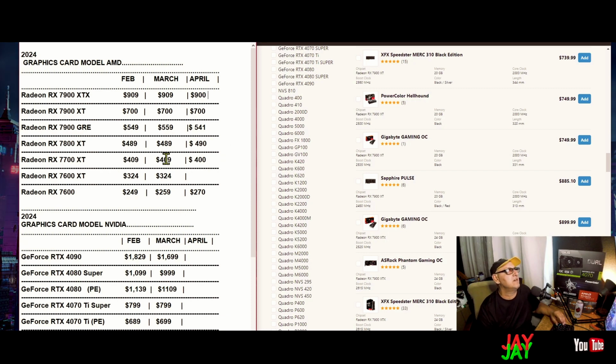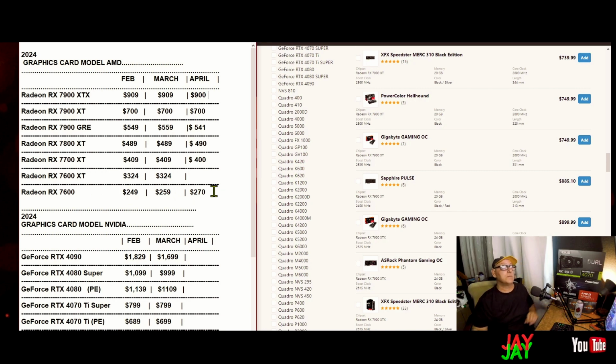The 7700 XT went down $9. The 7600 XT we need to find. But the 7600 went up for some reason, close to 10, 11 bucks. Say 11 bucks right there. So it went up $11.